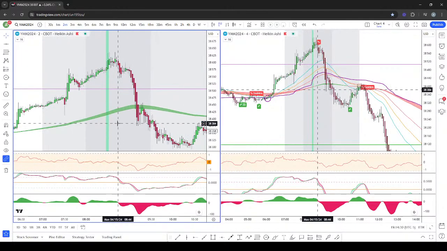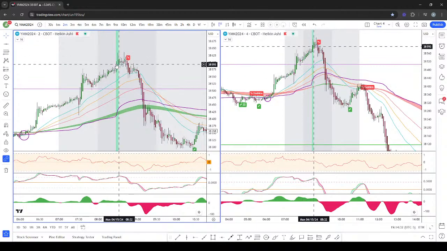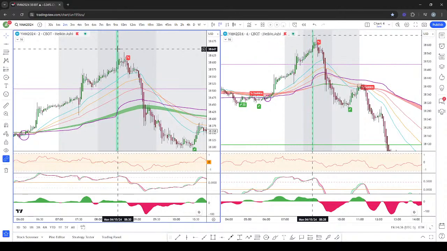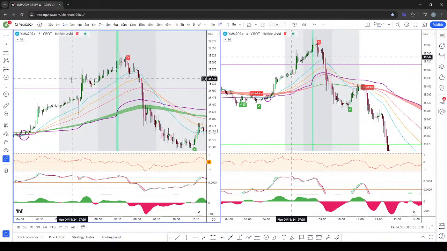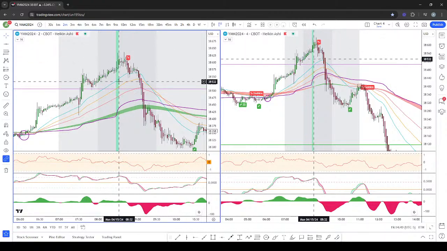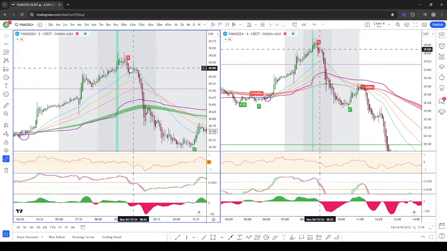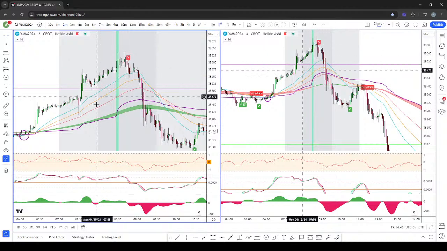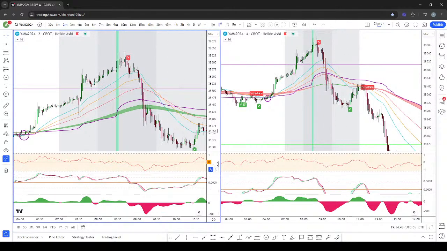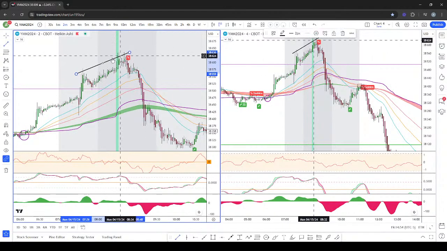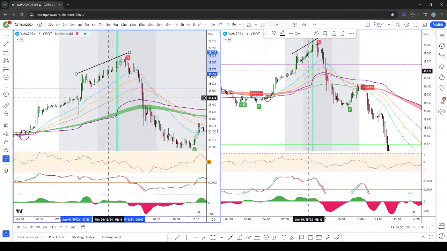So I'm interested in what's happening near or just right after the New York Open. This is a great area to pick up a nice divergence trade and just move with that pattern. So the real interesting thing is right here, you can see as price is moving higher up right in here, it's a higher high.